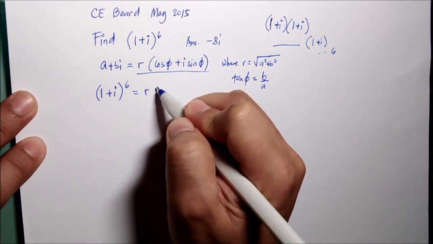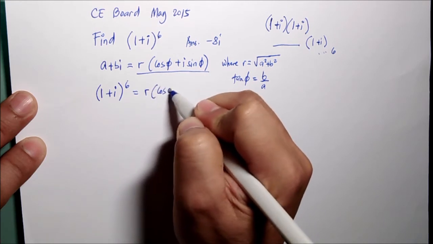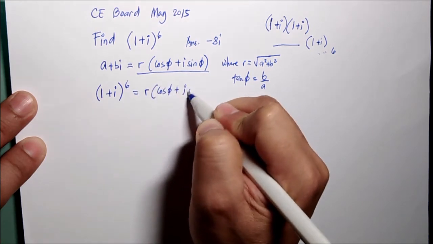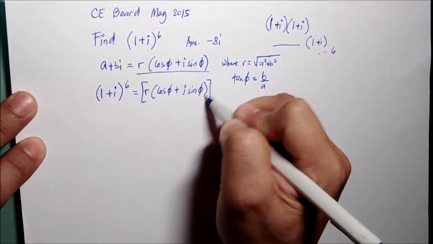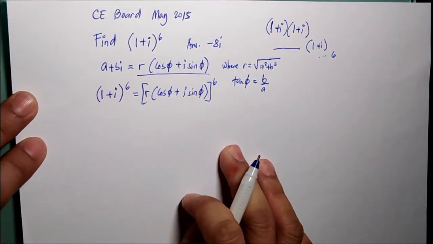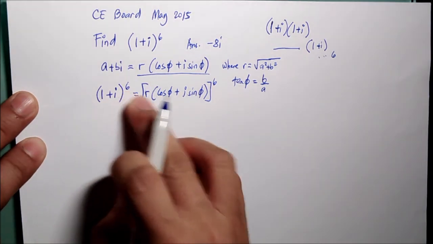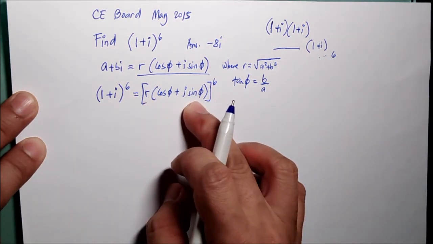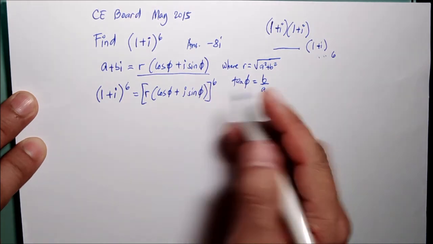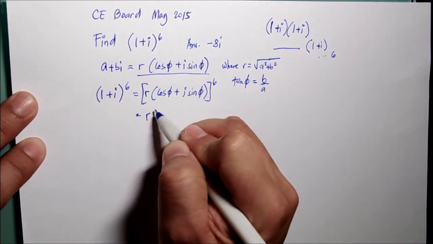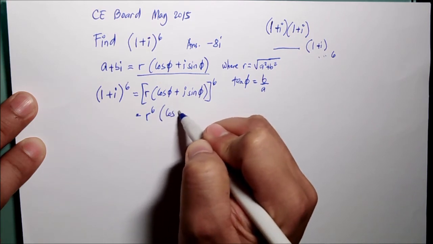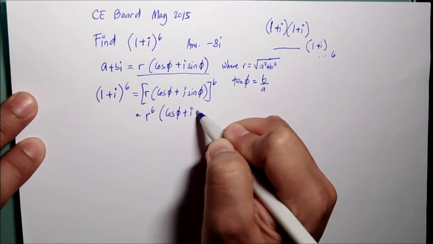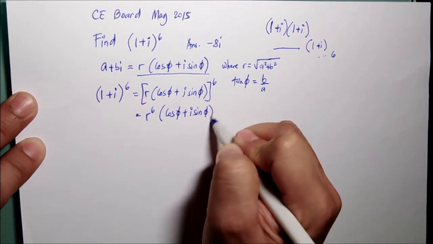So r (cosine theta plus i sine theta) raised to the 6, because the complex number is raised to the 6, so its trigonometric form is raised to the 6. That will be r to the 6 times (cosine theta plus i sine theta) raised to the 6.